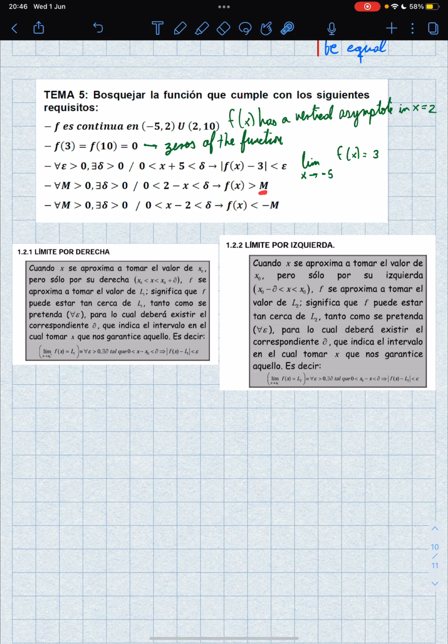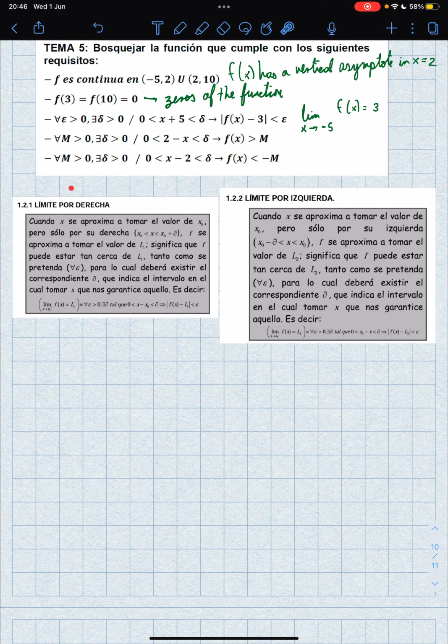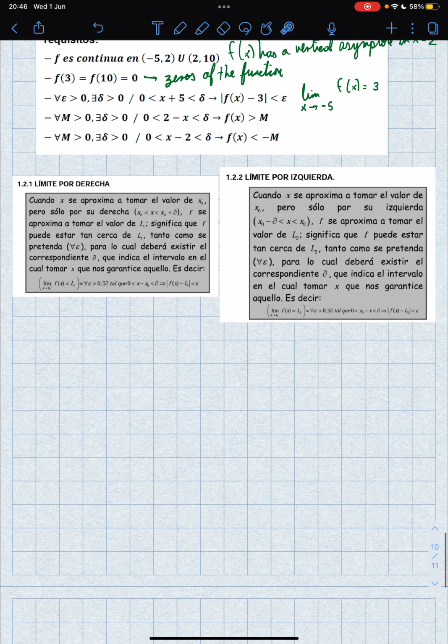Now, focus on this. Whenever you have m, this means infinite. The sign of the infinite will depend on this one, right? And also, I have these definitions. You can find them in the book called Differential Calculus by Villena. It's in Spanish, but in the end, you can understand the nomenclature.